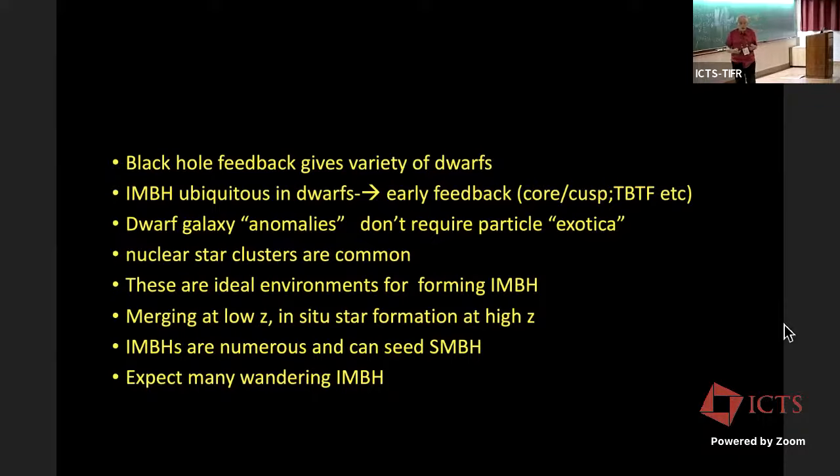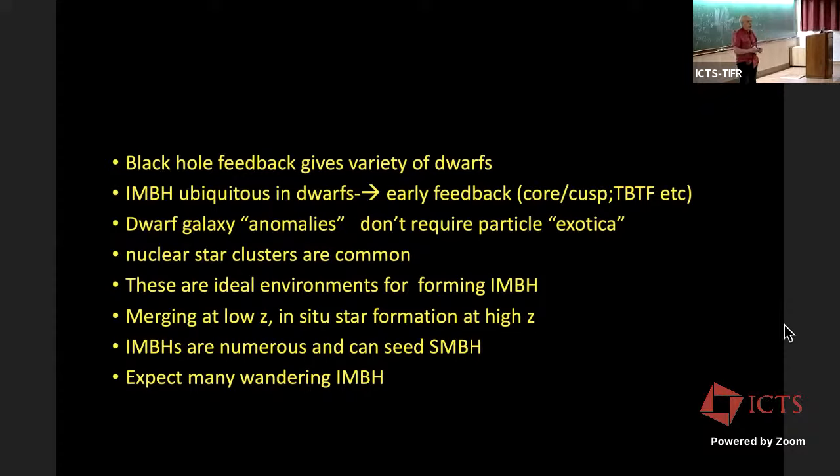So because galaxy formation is complicated, once you add a black hole in the center and its outflows and various things like that, we often talk in cosmology about anomalous features of dwarf galaxies especially, which challenge the notion of dark matter. For example, some dwarf galaxies have cores. The theory predicts they shouldn't have cores.